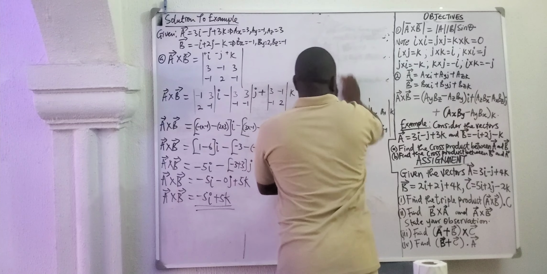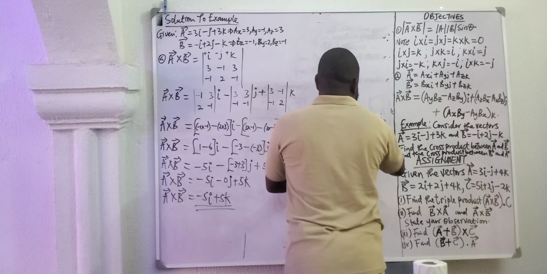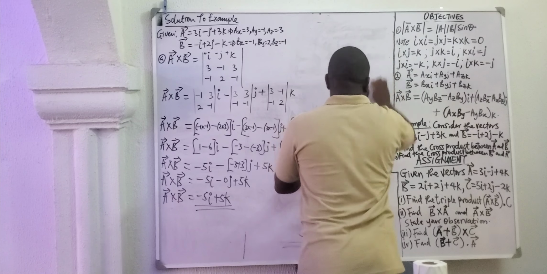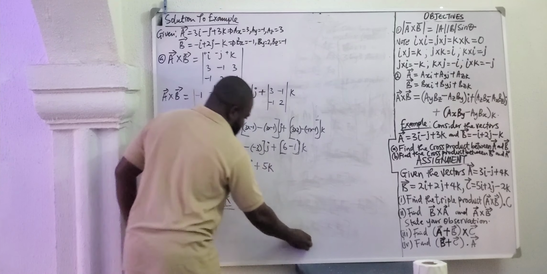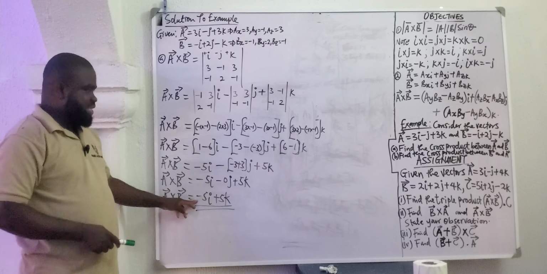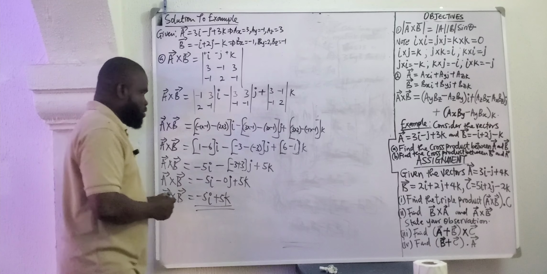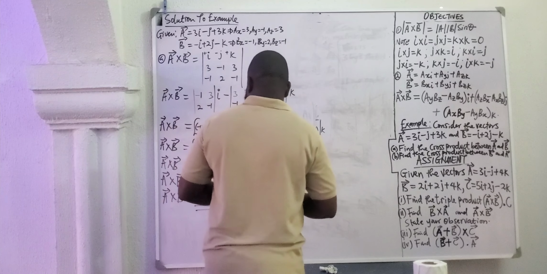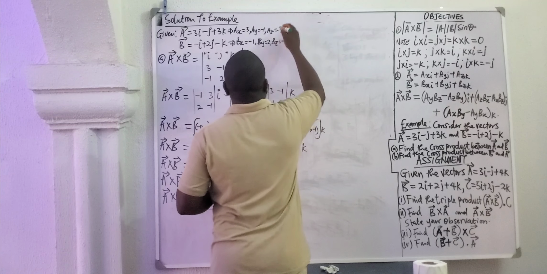So we are asked to find, option B says, find the cross product of vector B and vector A. That is, if B comes first before A, to check whether you will get exactly the same answer. You will see, no, you are not going to get the same answer. So let's take that. Solution B.